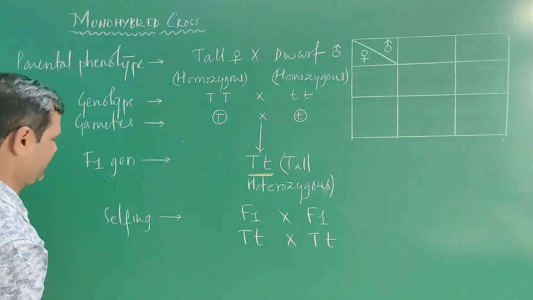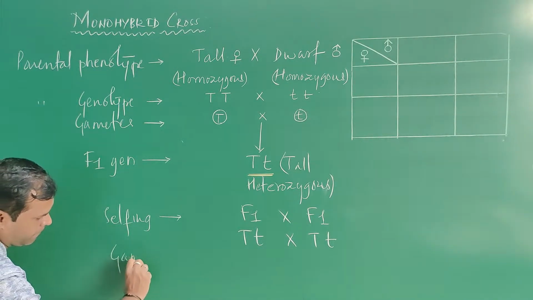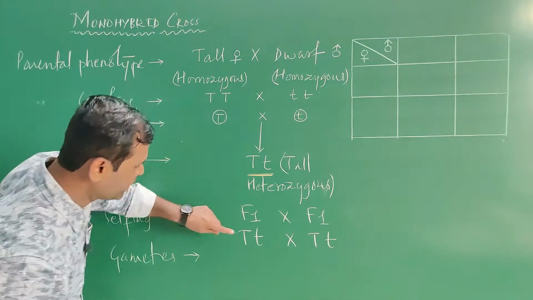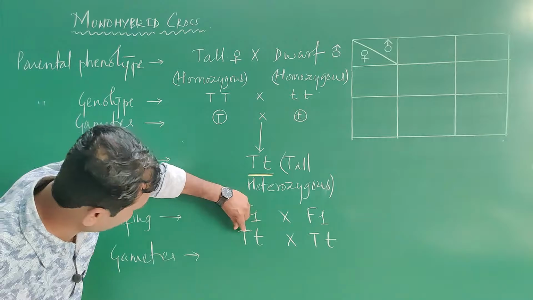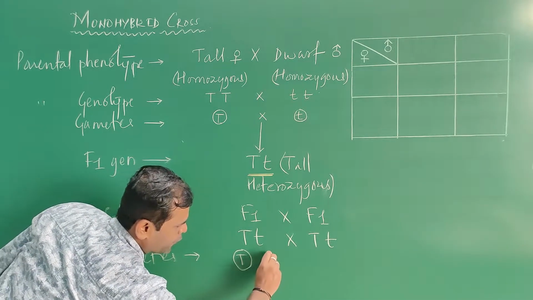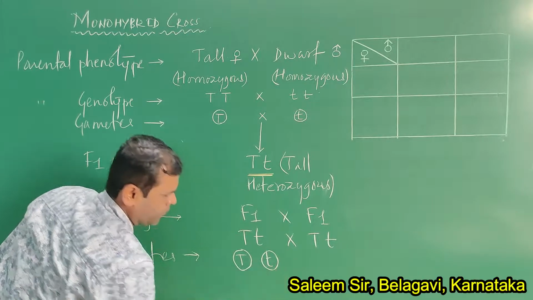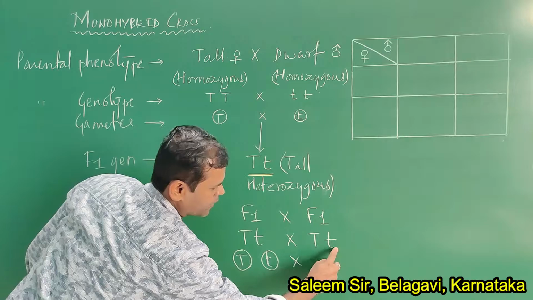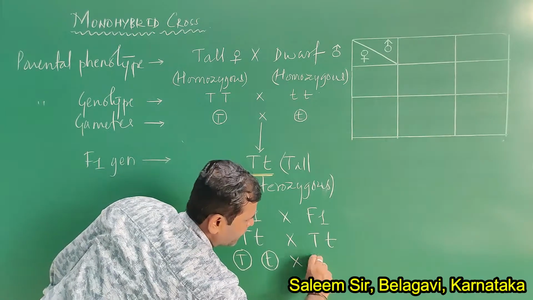Now the gametes produced by this plant and this plant. Here there are two different alleles, capital T and small t. That's why two gametes will be produced by this plant. This goes in one gamete, this goes in one gamete. Cross with here also the same, because capital T, small t.